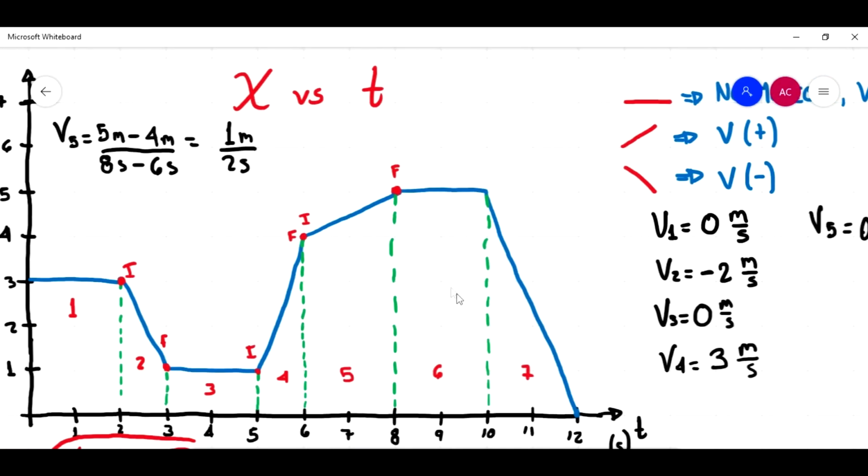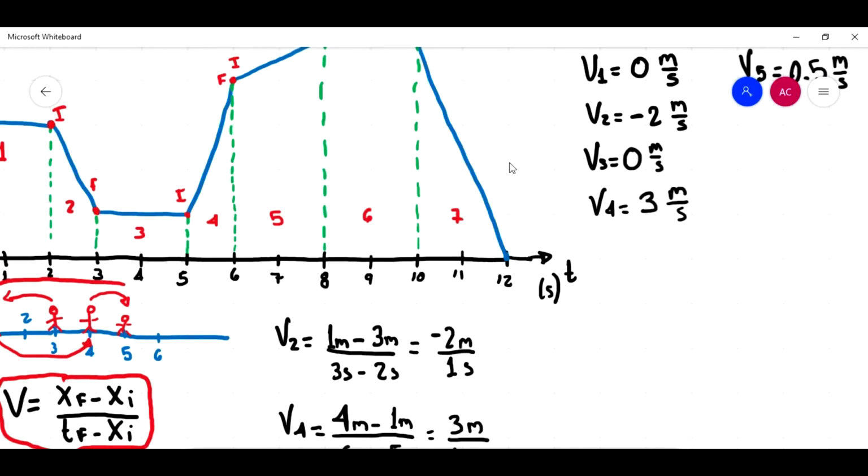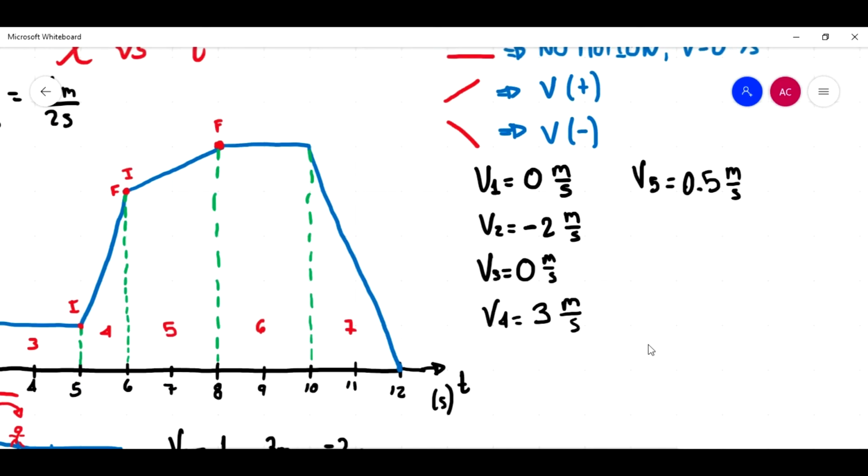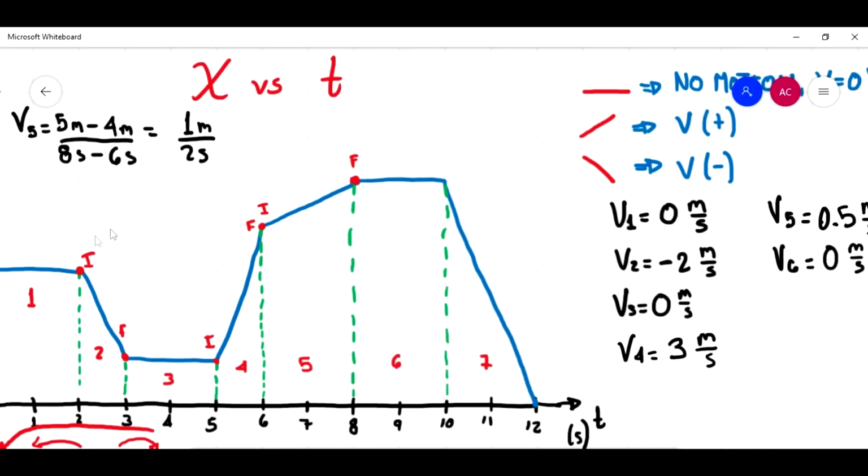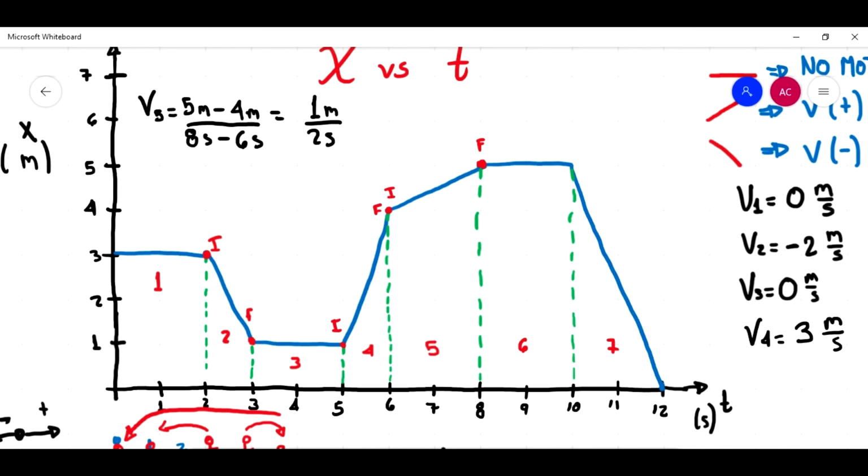Okay. Segment number 6. I'm going to write them over here. Segment number 6, the line is horizontal, so that means there is no motion. That means that I got 0 meters per second. And segment 7. In segment 7, this is the final, and this is the initial.